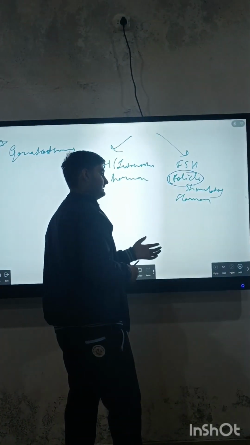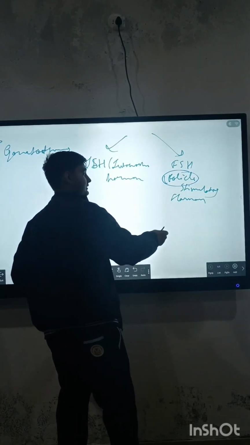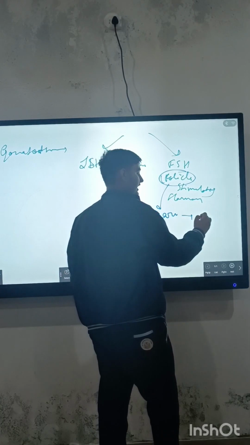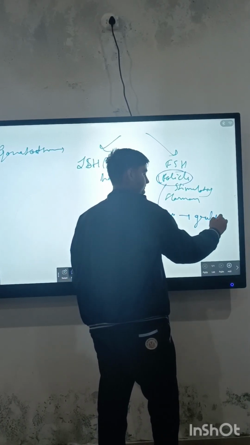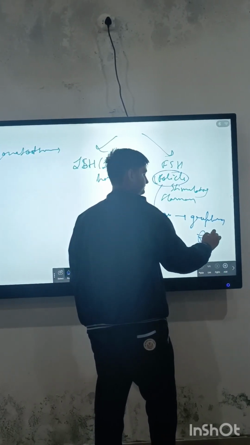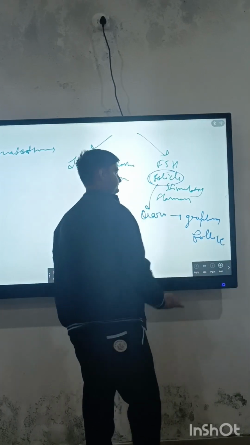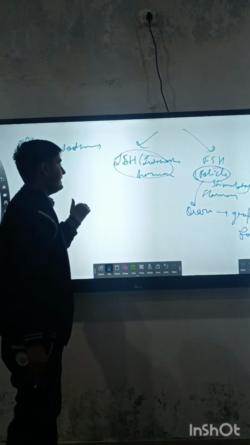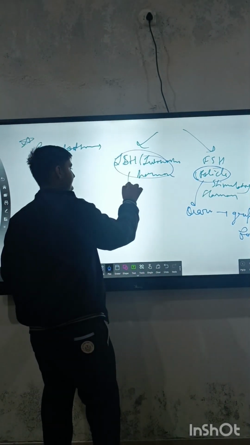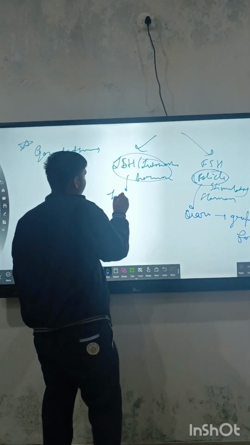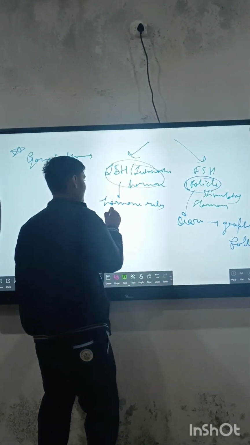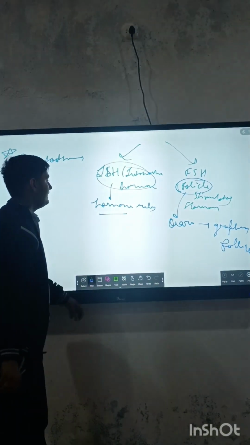So it helps in the maturation of the ovarian follicle into the Graafian follicle. This hormone in females works as a hormone releasing transmitter.